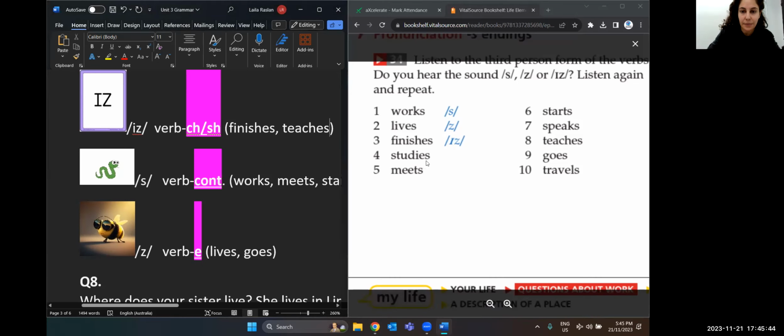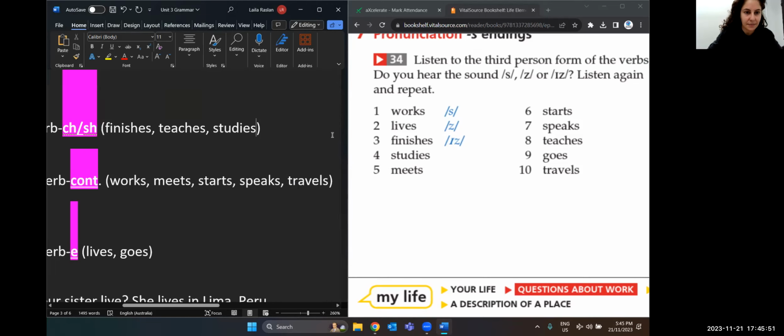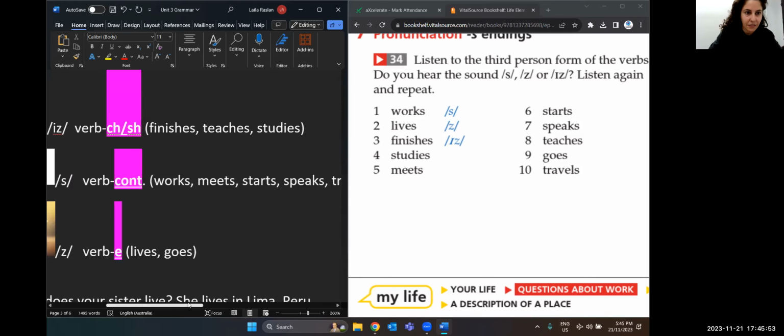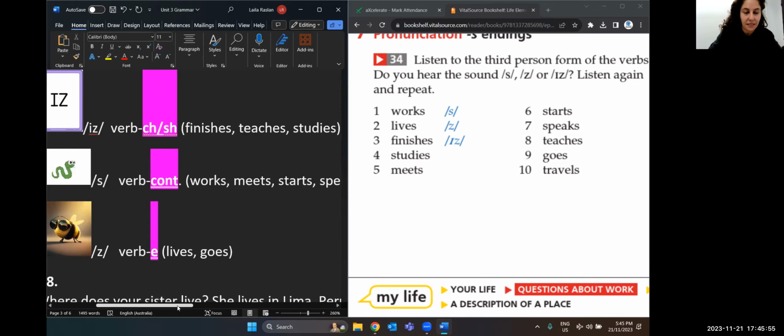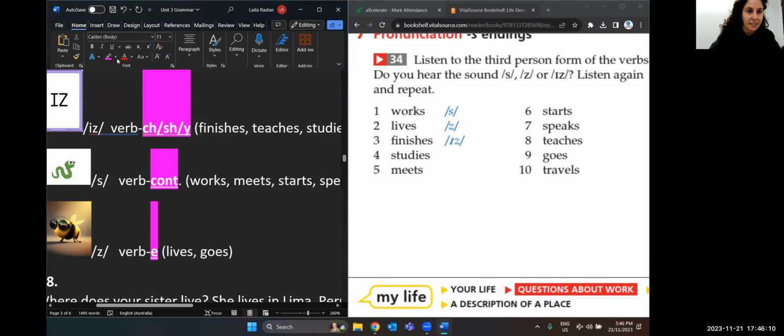Because if it ends in a Y, we change the Y to an IES. So it's this rule here. And yes, that's how it sounds.